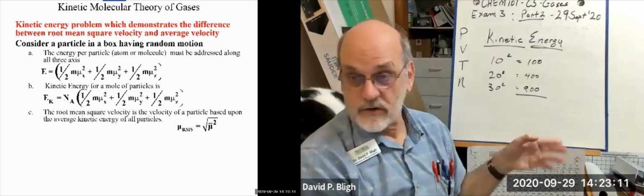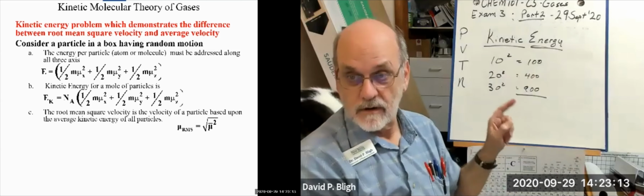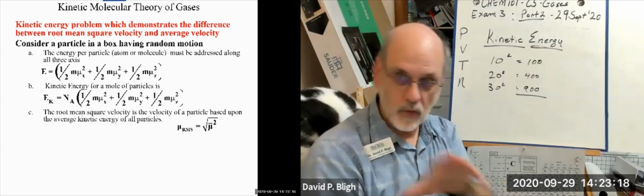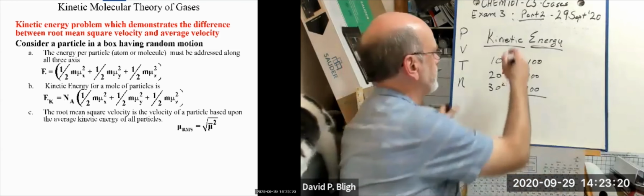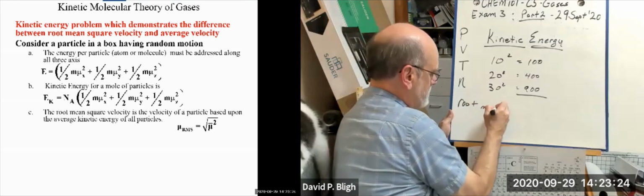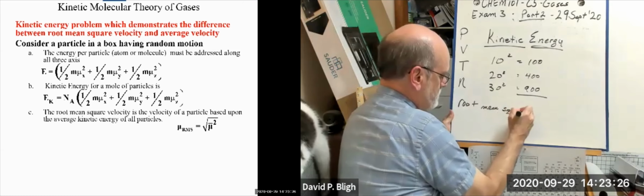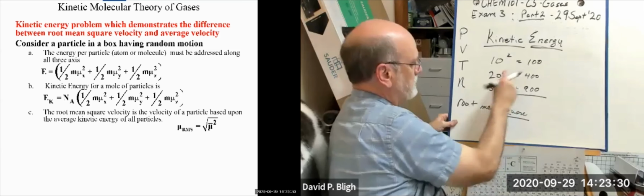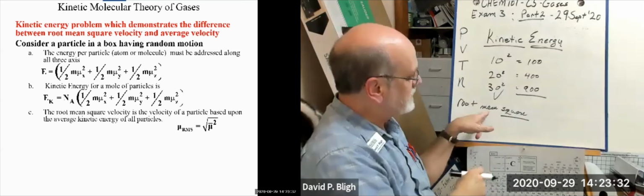Then you take the average of those numbers. That's the square part of the root mean square. So we're working backwards. Root mean square. Okay, square. We did the square right here. Now we take the mean of it.